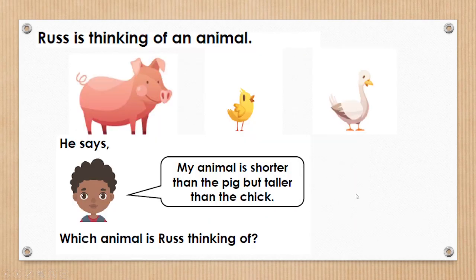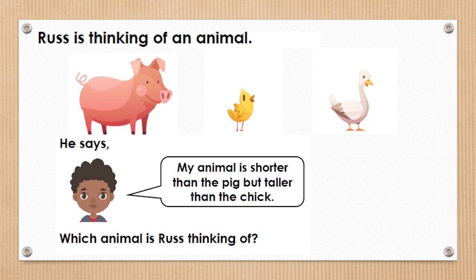Next question. Russ is thinking of an animal. He says, my animal is shorter than the pig but taller than the chick. Which animal is Russ thinking of? Let's think, and think.